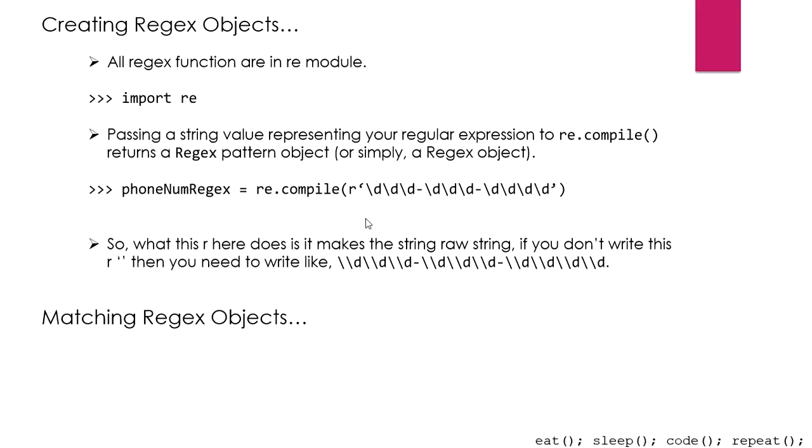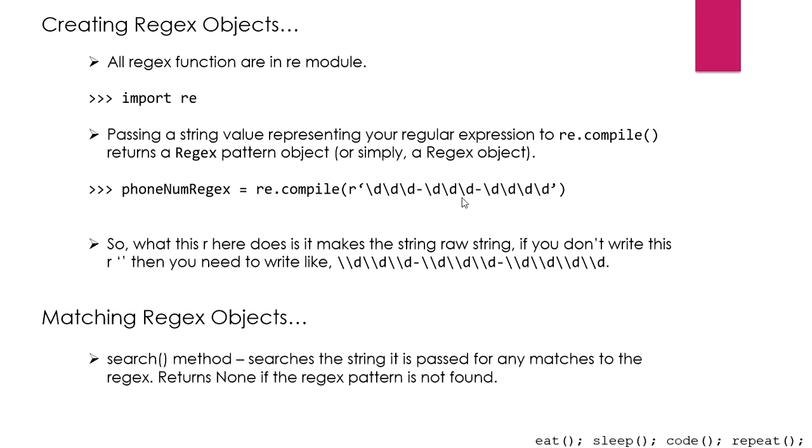Now, how do we match? What is exactly used to match these regex objects? We know this is the pattern we're going to have. The first thing is the search method. The search method searches the string it is passed for any matches to the regex. Whatever string we have, it is going to search for that particular pattern.